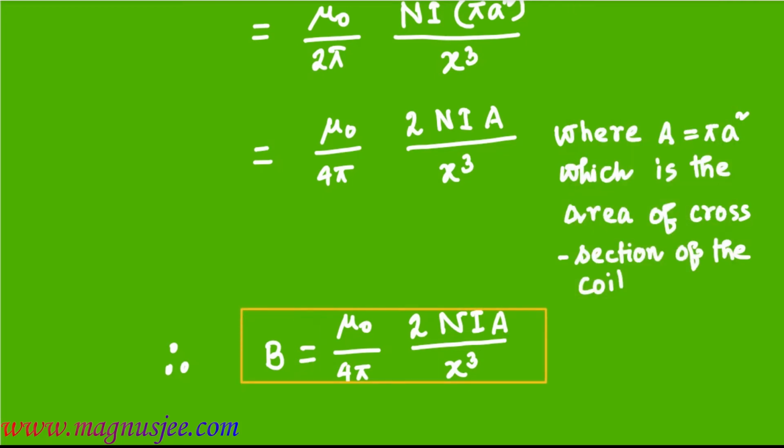So B equals μ0 by 4 pi, 2 N i A by x cube.